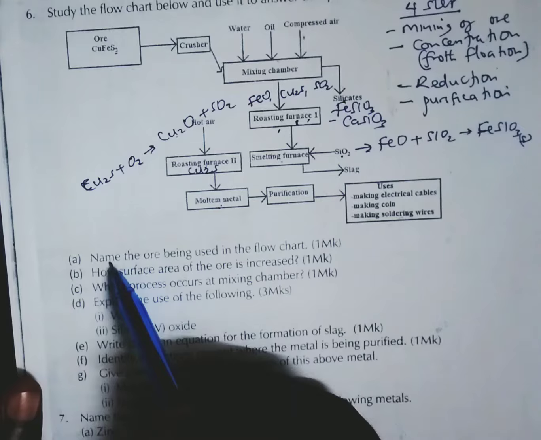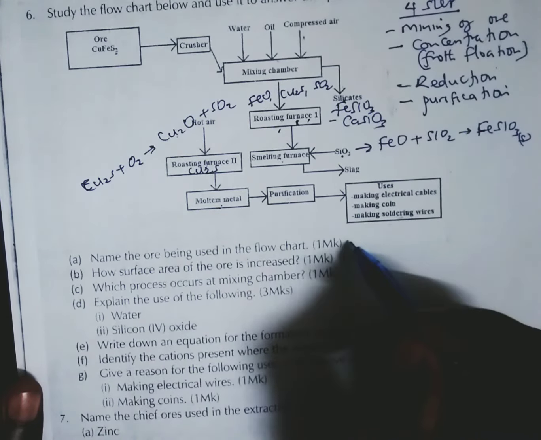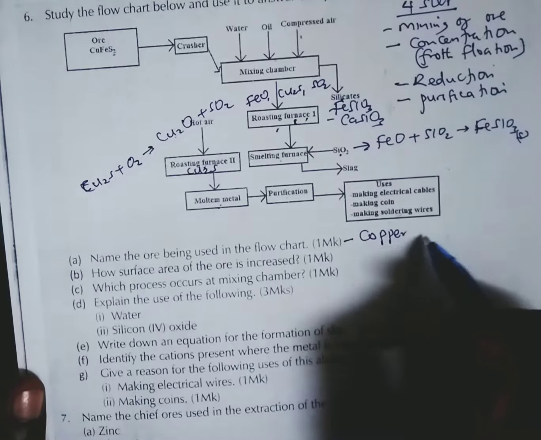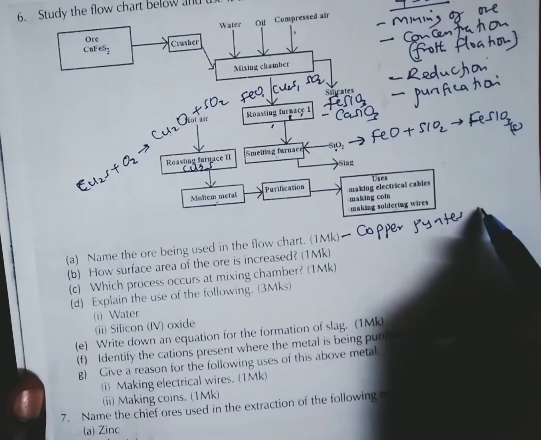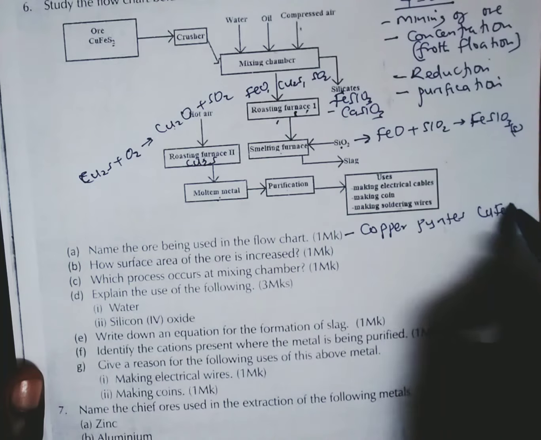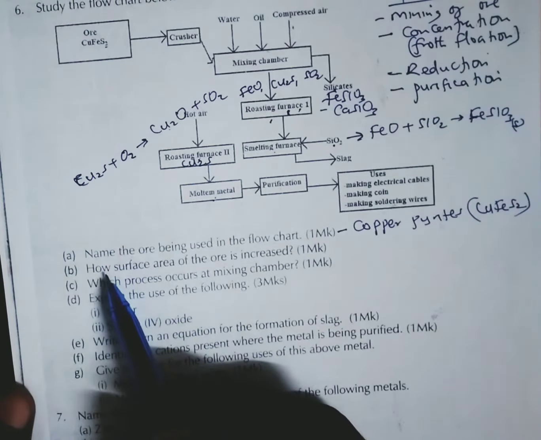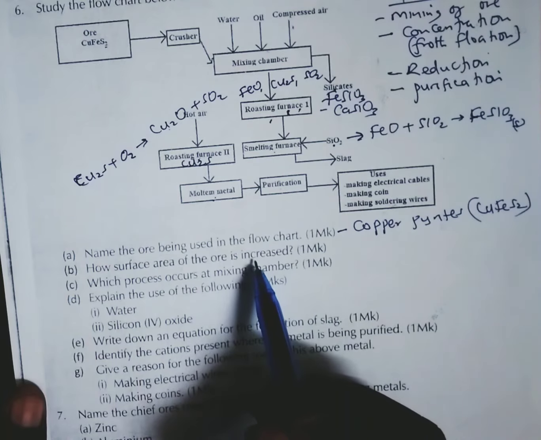A, name the ore being used in the flowchart. Remember, we use the chief ore, which is the copper pyrites. That is CuFeS2. Part B, how surface area of the ore is increased.